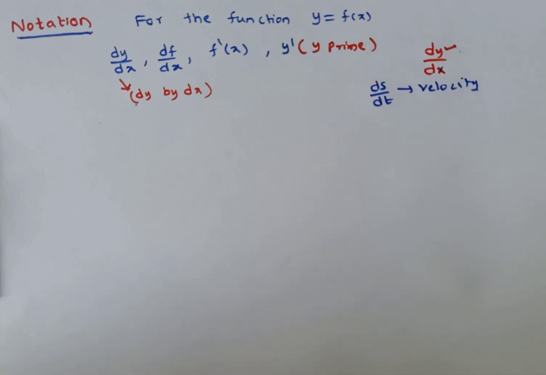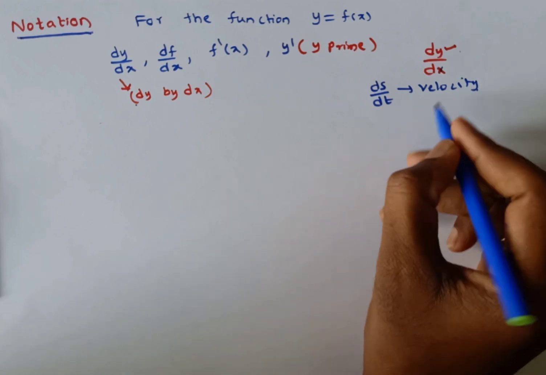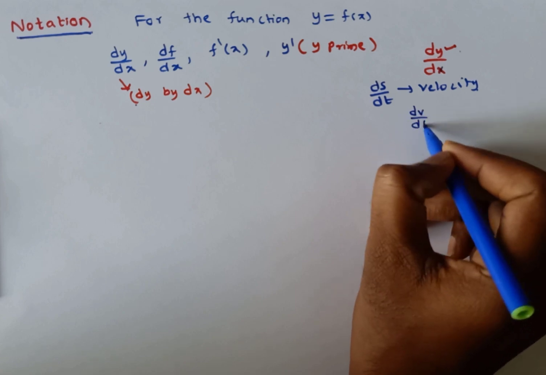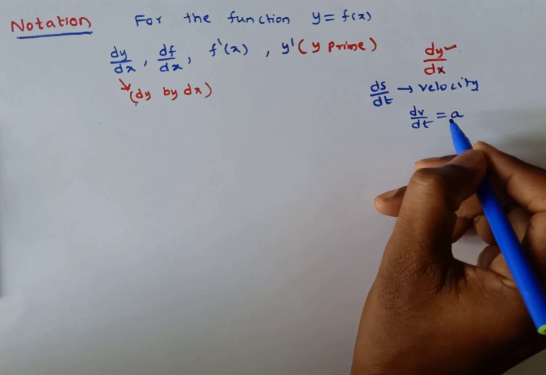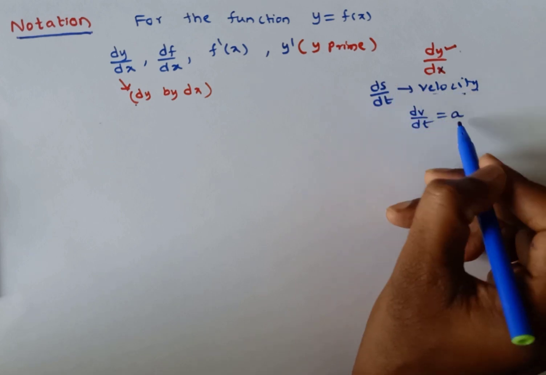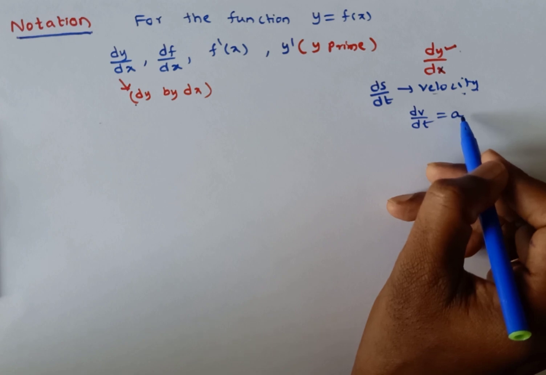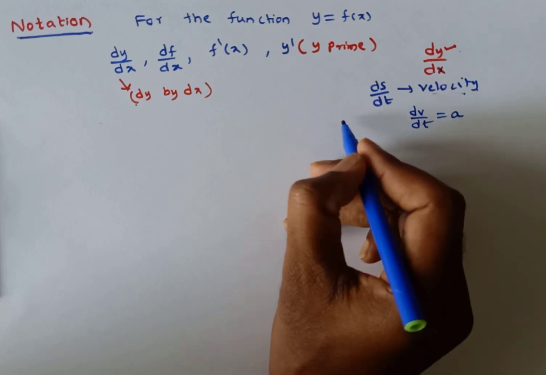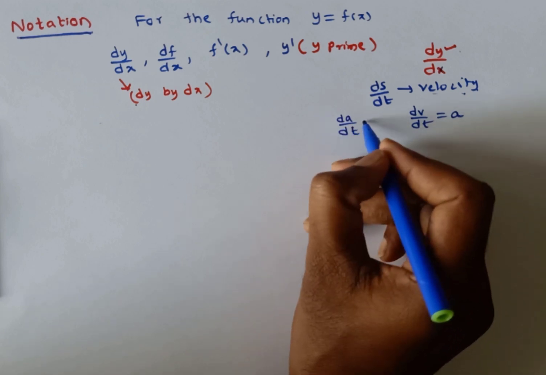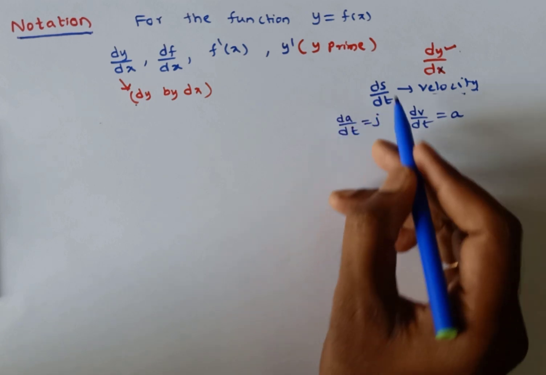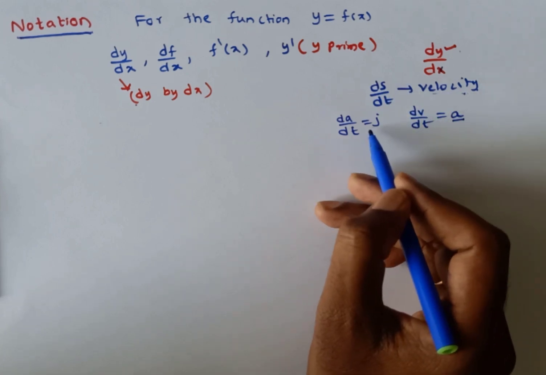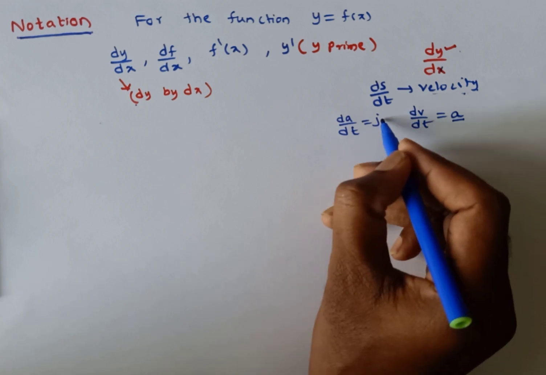And the rate of change in velocity is dv by dt, which is acceleration. The change in acceleration is dA by dt, known as jerk. Change in position is velocity, change in velocity is acceleration, and change in acceleration is jerk.